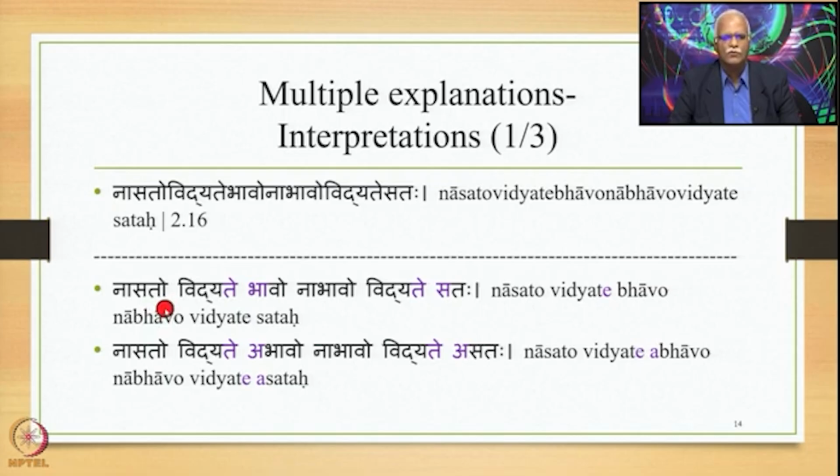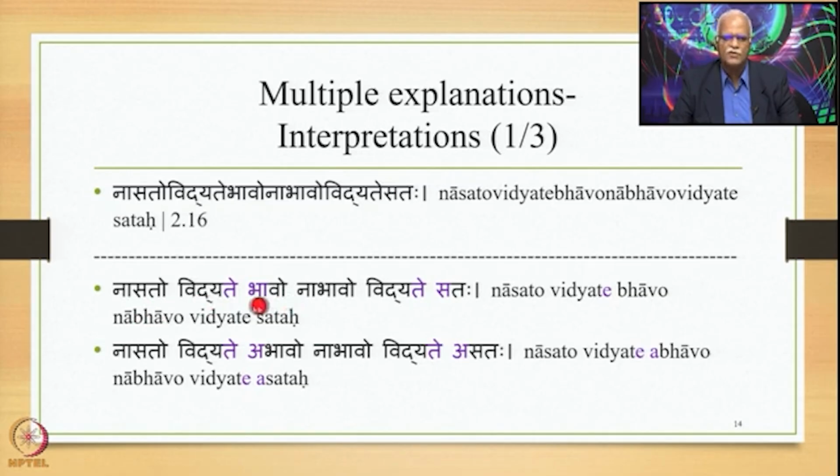So this o is the output and the input is a plus u, nasat plus u. U is the output of ru, because this v is part of hash, and this ru is the output of sa, sasajusho ruh. So we know that this is nasatah if written separately.